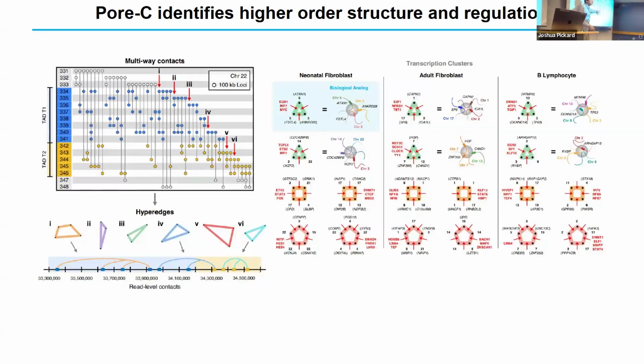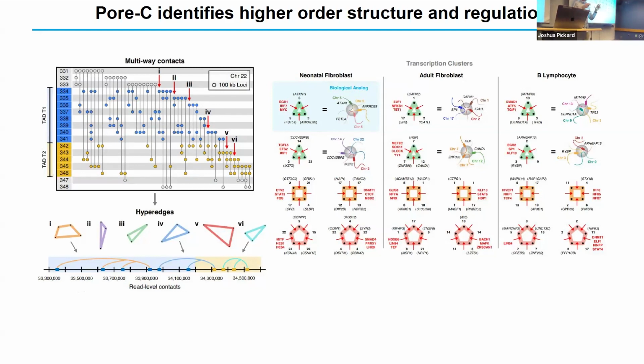We found clusters of genes that all co-localize in the nucleus, meaning they were observed in the same Pore-C concatemer, and they have a similar regulatory mechanism as one another.